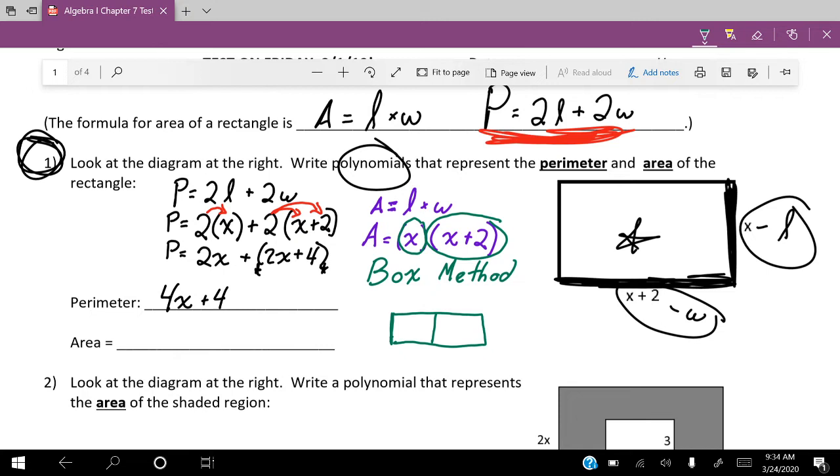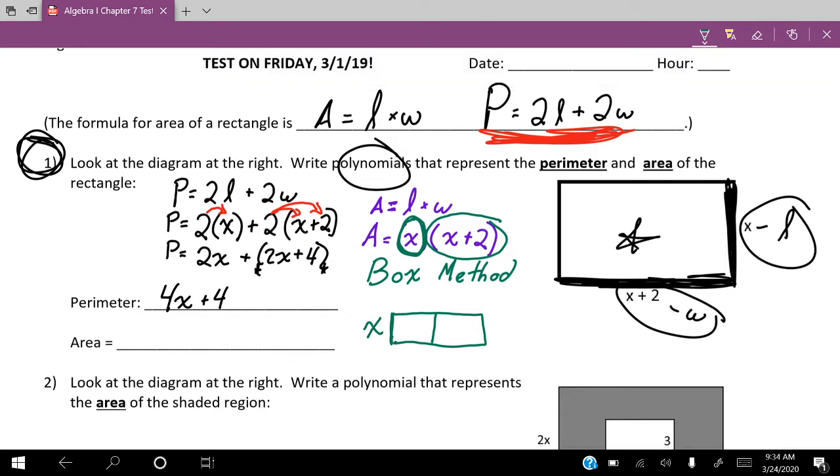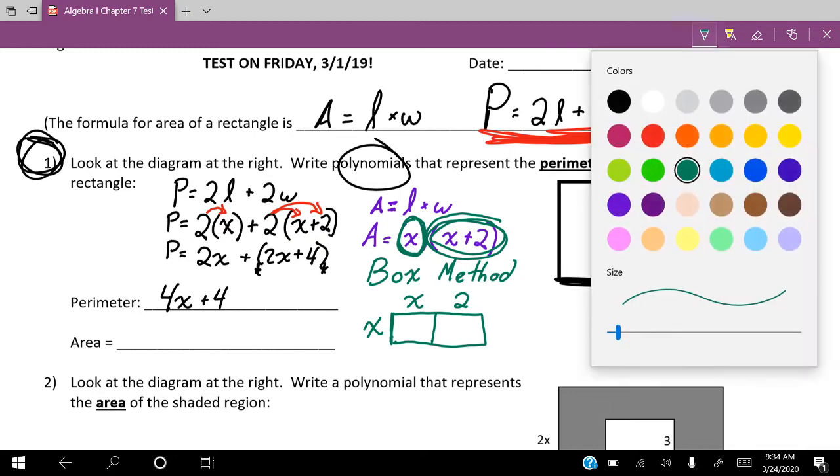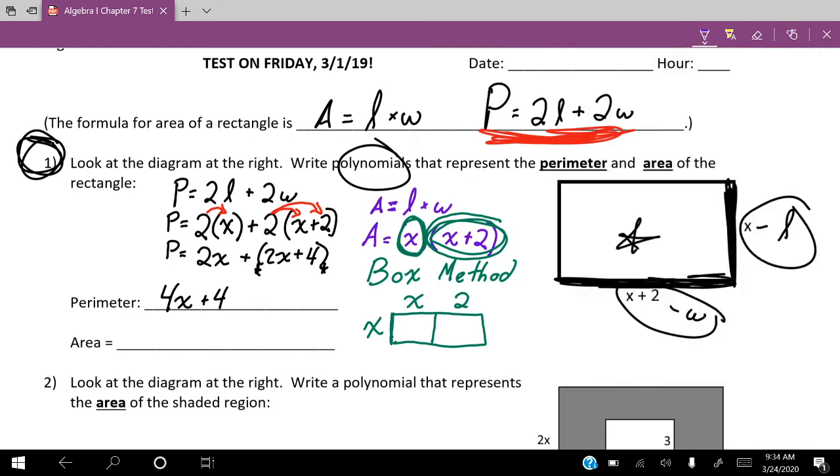What I'm going to do is put the first term right here on the left, and then my second term, x plus 2, I'm actually going to put on the top, x plus 2. And from here, I'm just going to multiply them out.